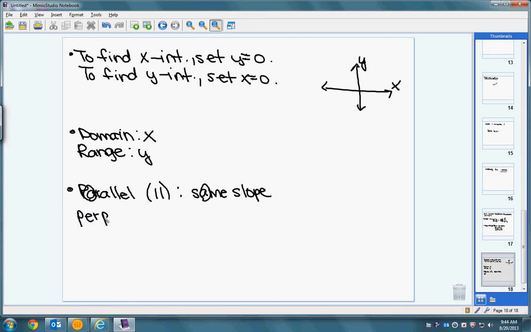Perpendicular lines, again in geometry the symbol looks like an upside down T. Perpendicular lines are going to cross at a 90-degree angle. Perpendicular lines have an opposite reciprocal slope. Some people call it an opposite flip. That's the same thing. The fancy term is opposite reciprocal.